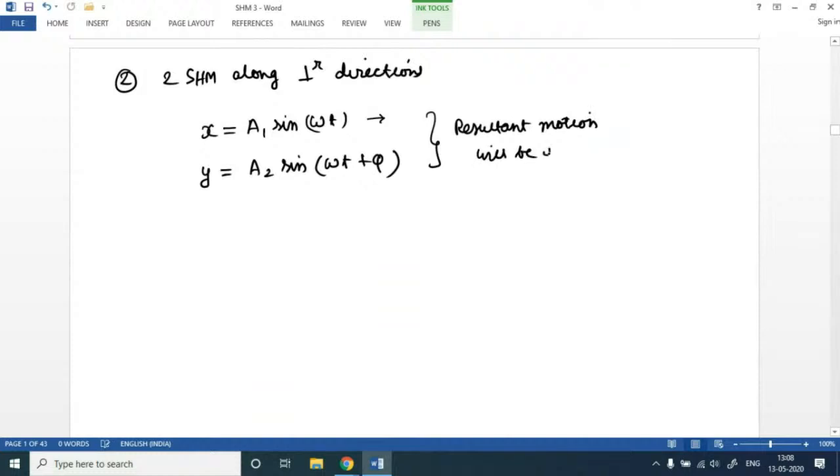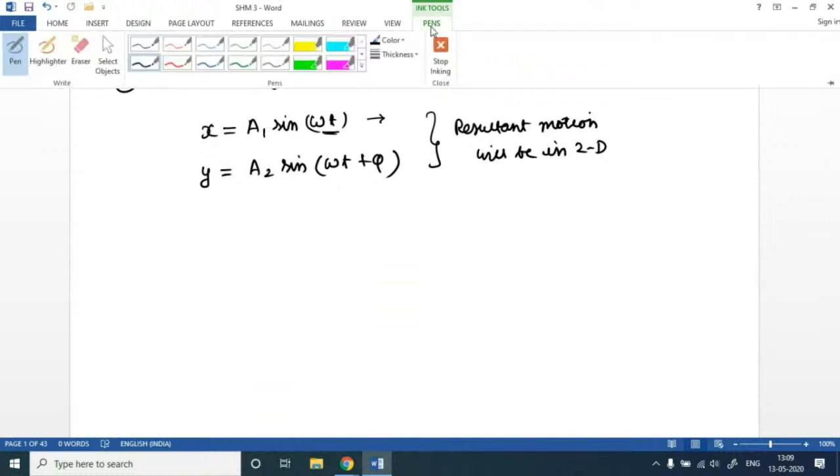The particle will be moving in the xy plane, and if it is moving in the xy plane, we would like to have its path, or trajectory, so we would like to eliminate t from these two relationships and get a relation between x and y directly.